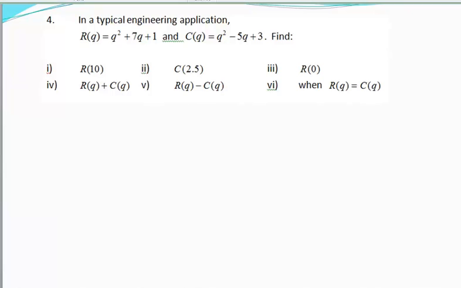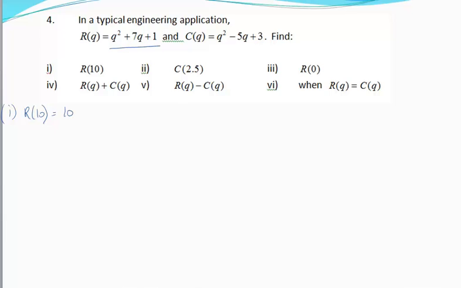So here we have some typical engineering applications. For 1, we want r of 10. It should be 10 squared plus 7 times 10 plus 1. So 100 plus 70 plus 1 is 171. For 2, we want c of 2.5.